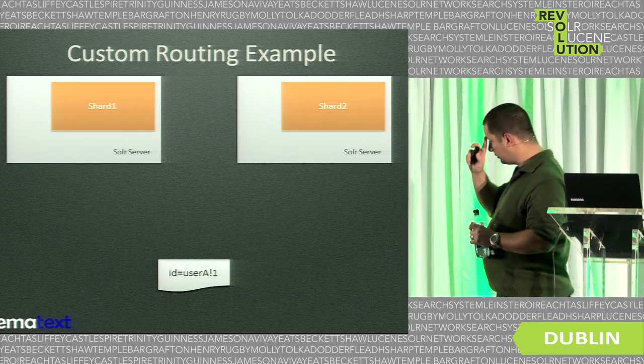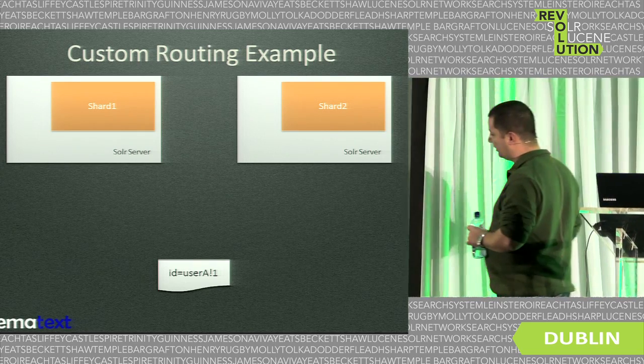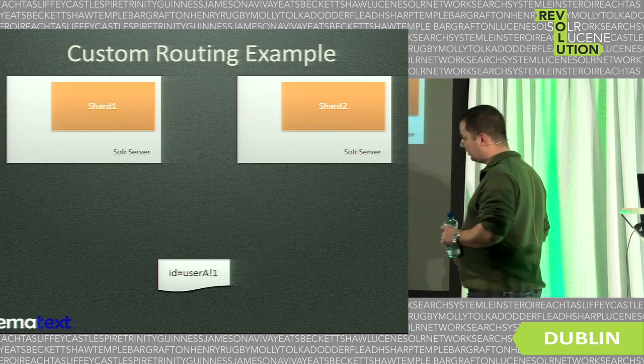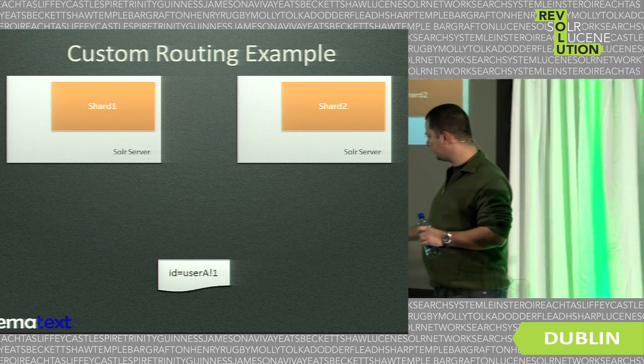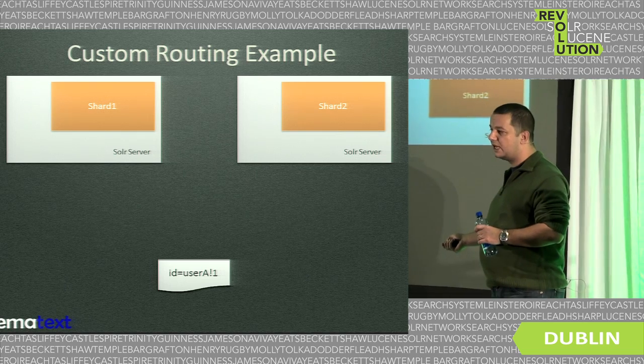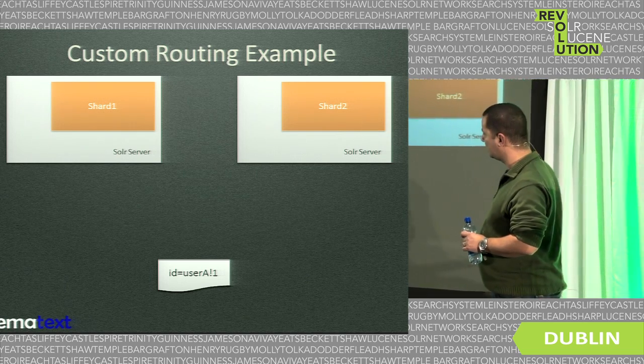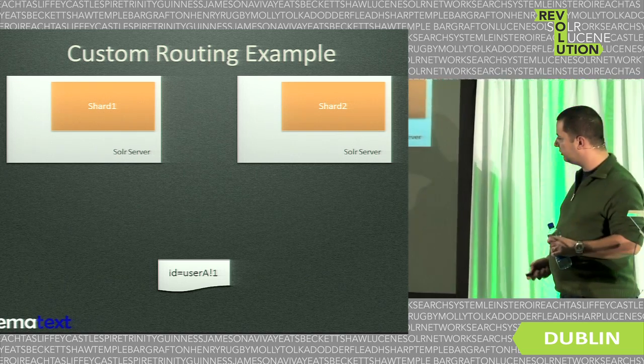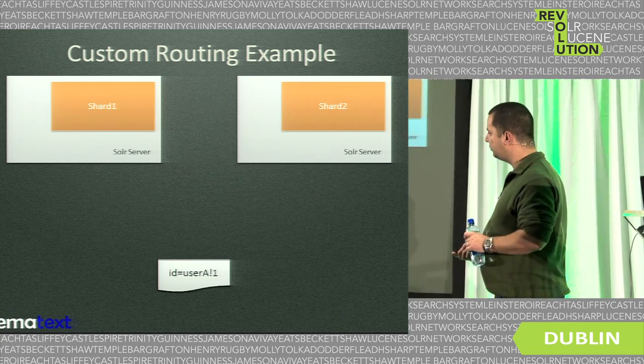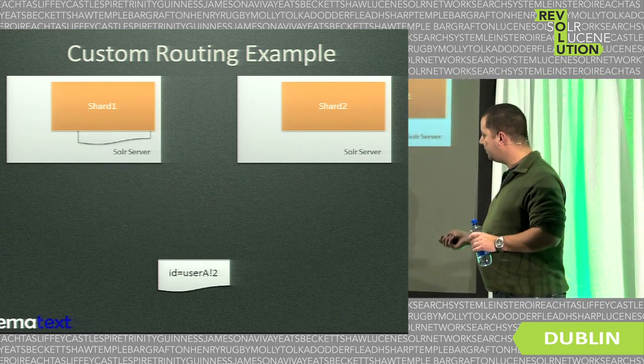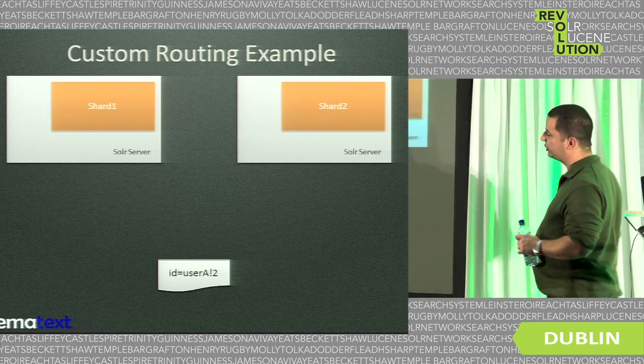What we can do is prefix the identifier of the document with something like a user ID or username, and an exclamation mark. What Solr will do is put the documents with the same prefix in the same shard.